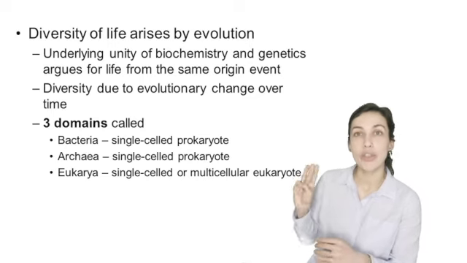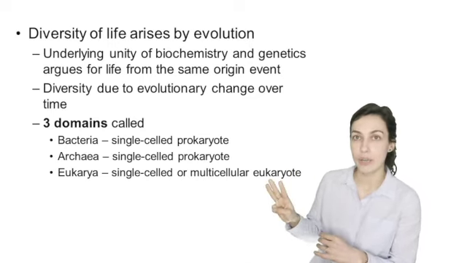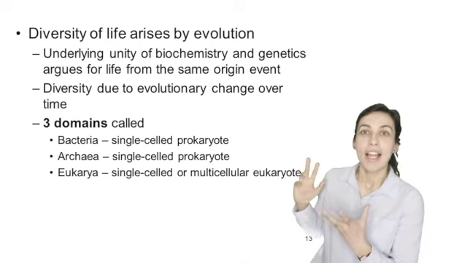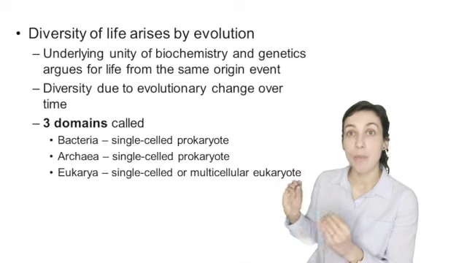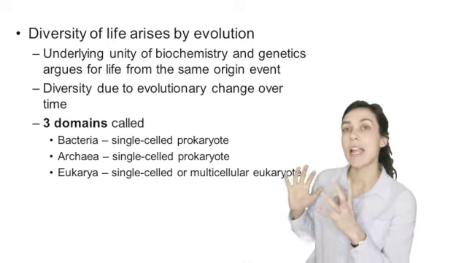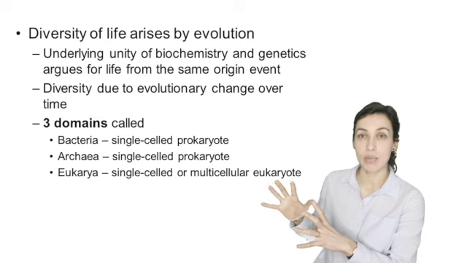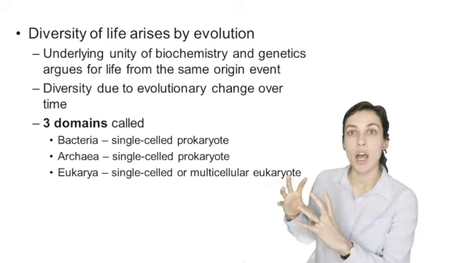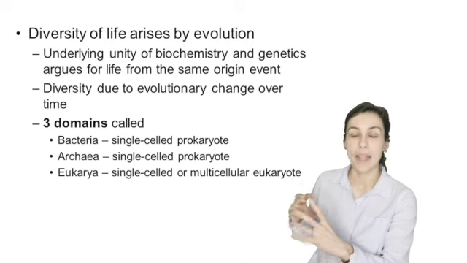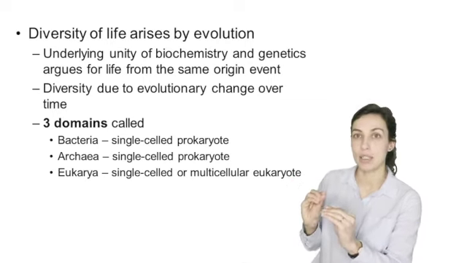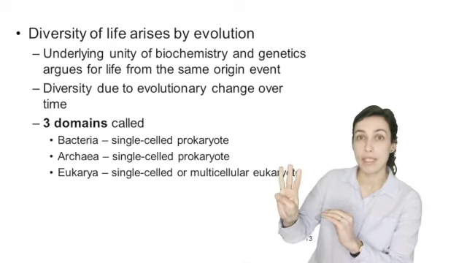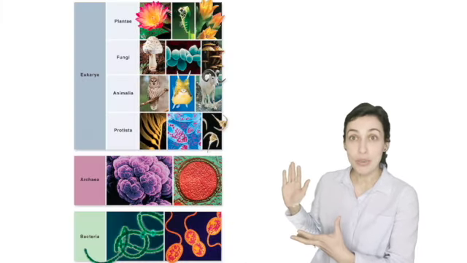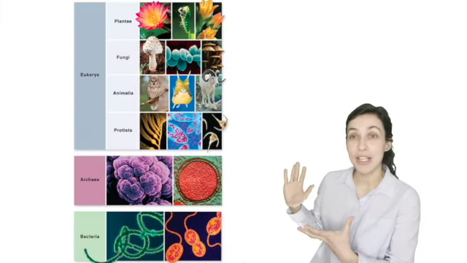And the third domain of life is eukarya, and eukarya is made up of both single-celled and multi-celled organisms, but all of the cells in this domain are eukaryotic, right? We will talk about what that means a little bit later. So there are 3 domains of life. All organisms fall into one of these. Here are some examples of these organisms.